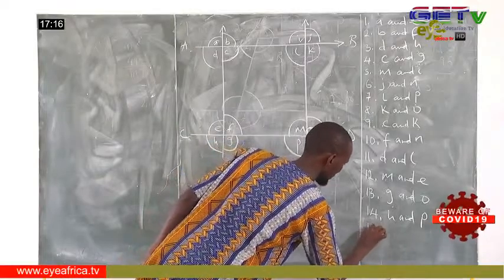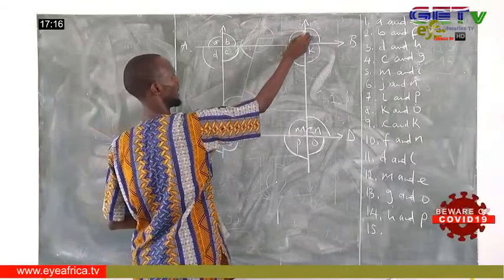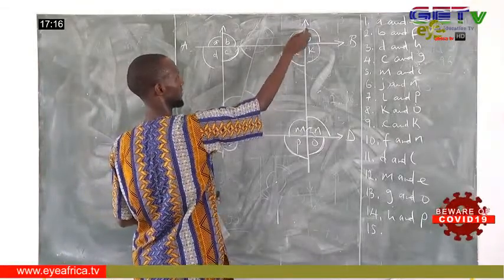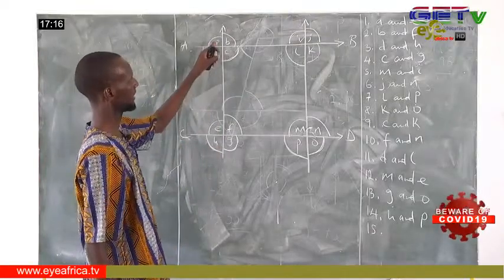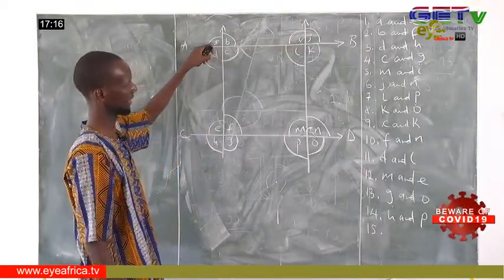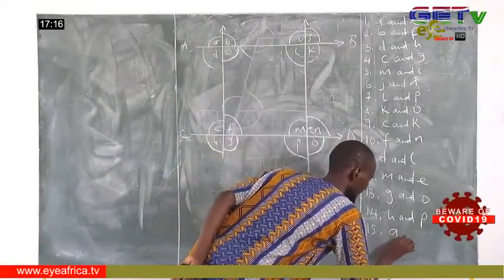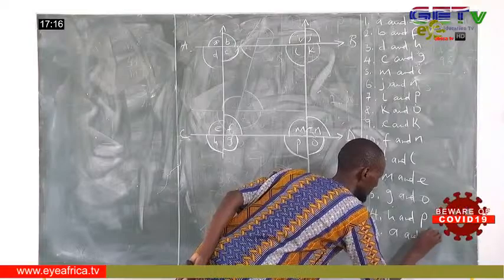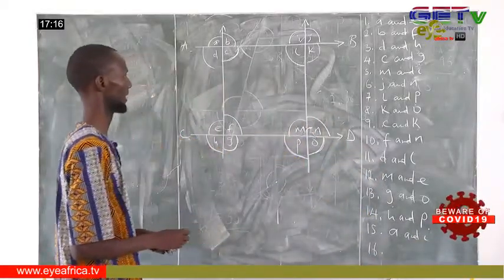If you keep going, number 15, if we take angle I up here, it is inside, angle A is outside, but they are on the same side of the transversal, so they also are corresponding. So we can say A and I. That leaves us with only one angle now, all right?